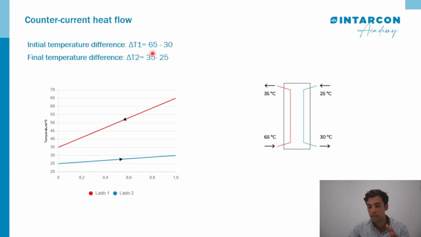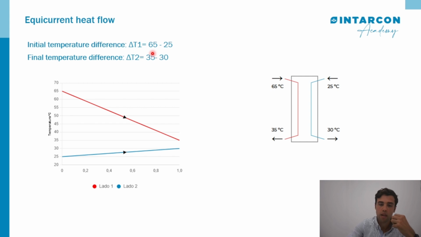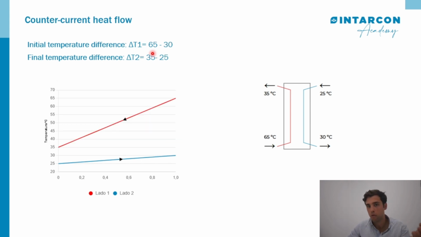If we make the calculation, we will see that we can obtain a bigger cooling capacity exchange in a countercurrent heat flow than in a concurrent heat flow. It's important to know the movement of the flow.